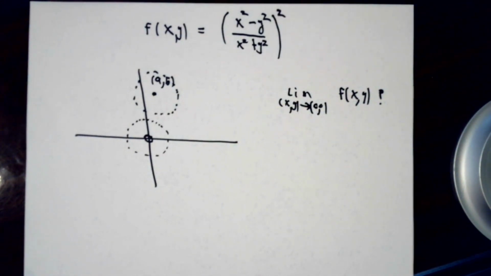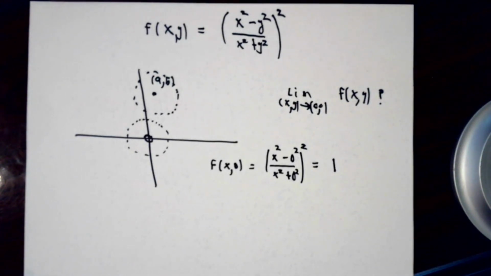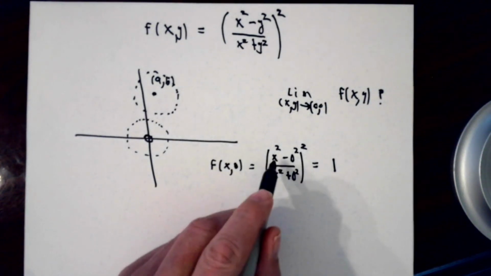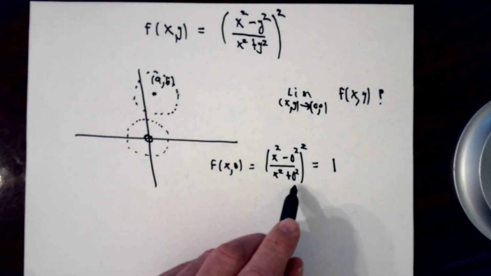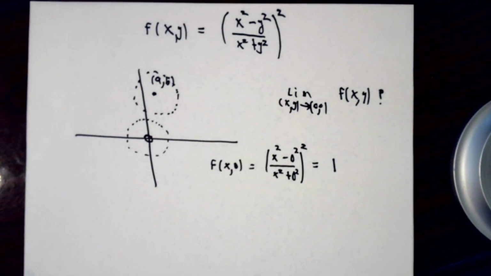As an experiment, I'm going to approach the origin by using points on the x-axis. That means I'll be using points where the y-coordinate is exactly 0, so I can simplify the writing of my function values here. If y is 0, my function value is the square of a fraction. The fraction is 0 squared subtracted away from x squared over 0 squared plus x squared.